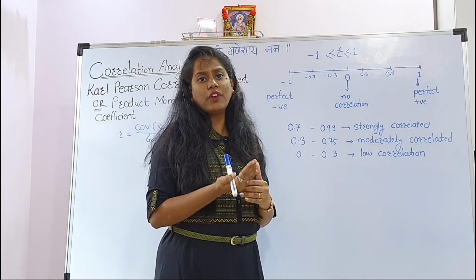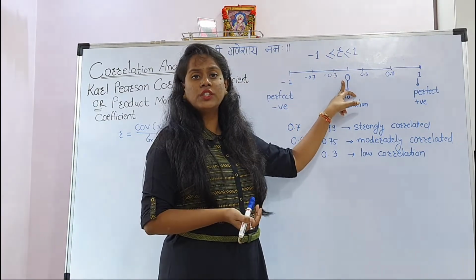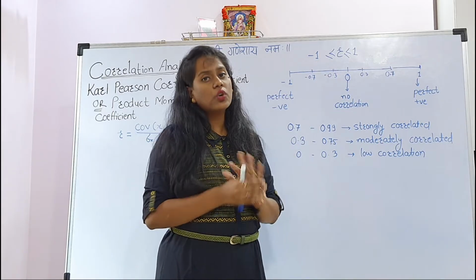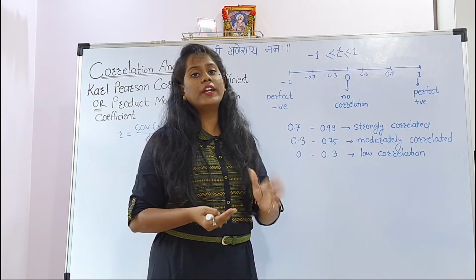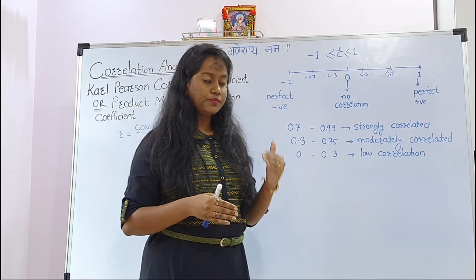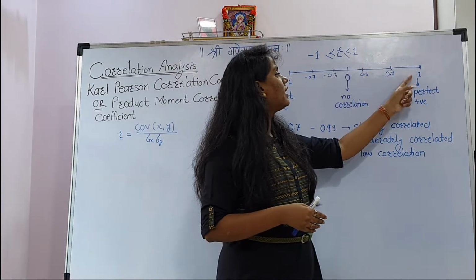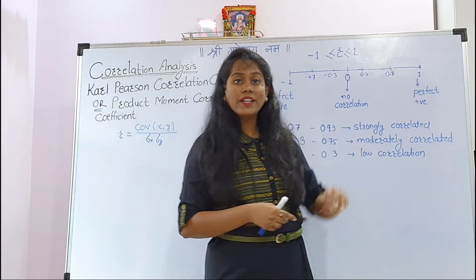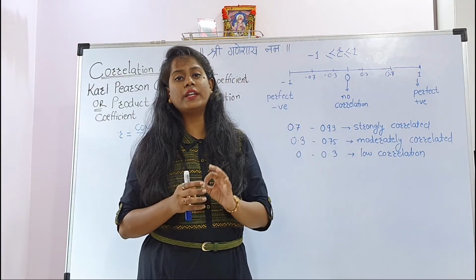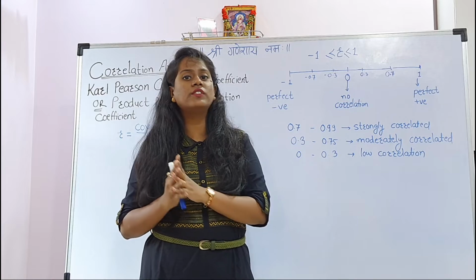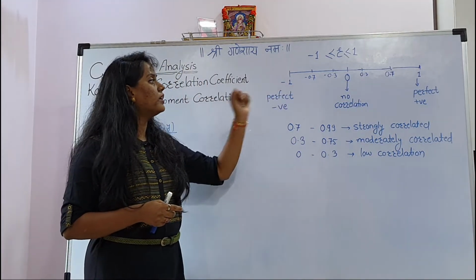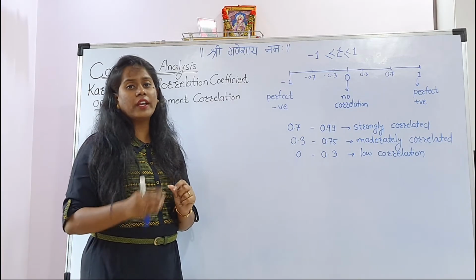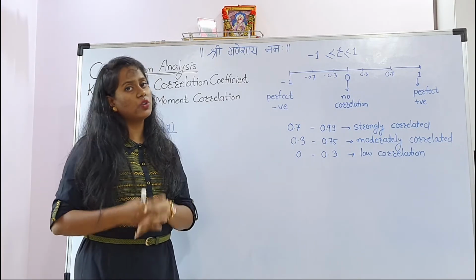Whenever the value of r is exactly equal to 0, that means there is no correlation between the two variables, or we can say the two variables are uncorrelated. Whereas if the value of r is exactly +1, the two variables are perfectly positively correlated, and if the value is -1, the two variables are perfectly negatively correlated.